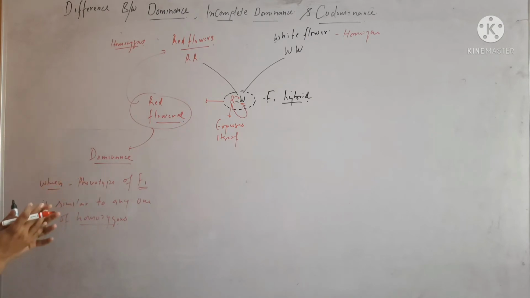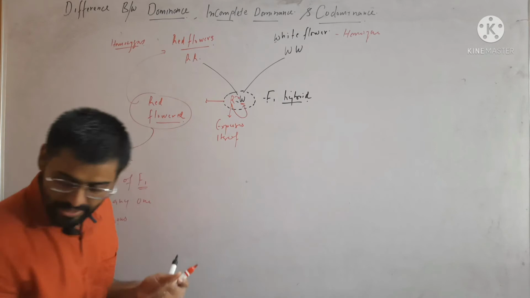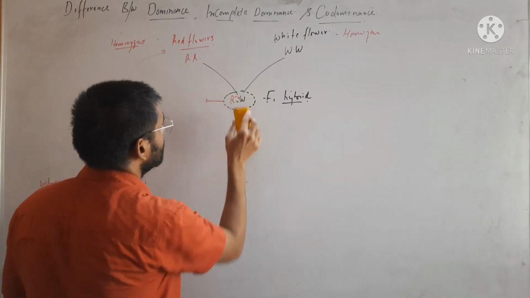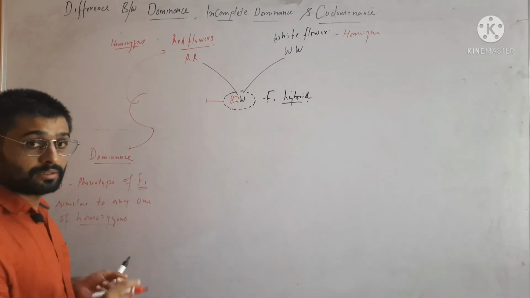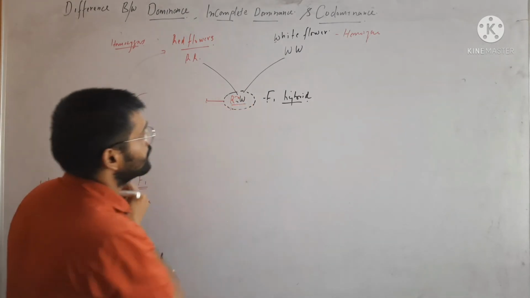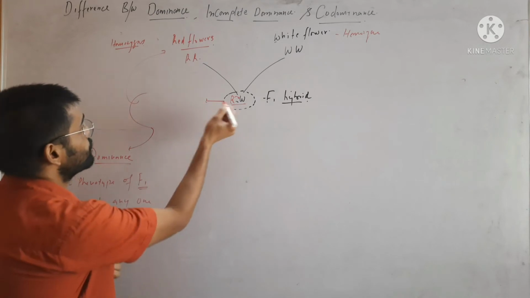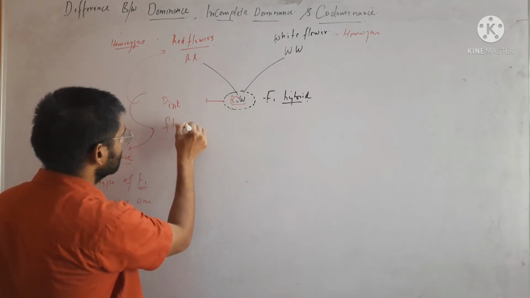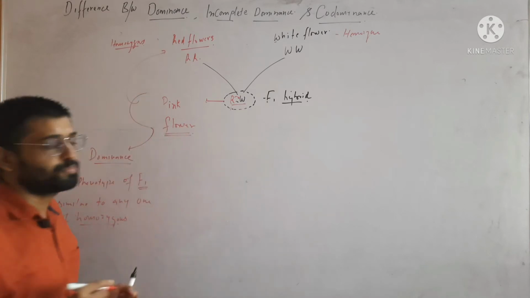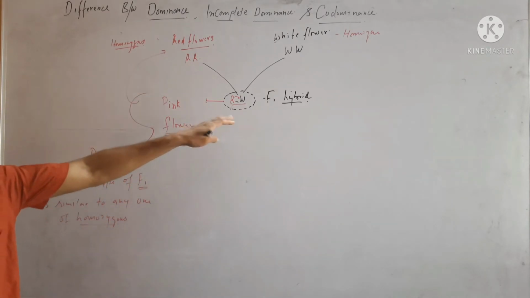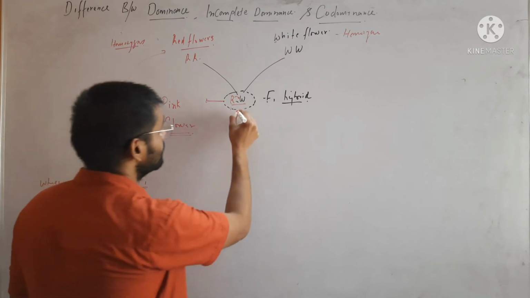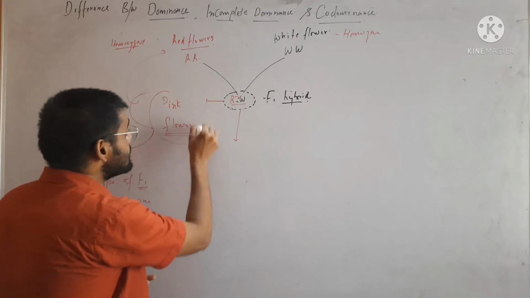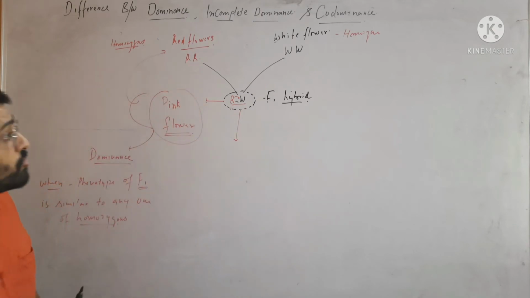It is showing dominance. And in the next case, suppose the phenotype of this genotype is a pink flower. If the color of the flower is pink, then what we can conclude from this is that neither allele is expressing itself fully.